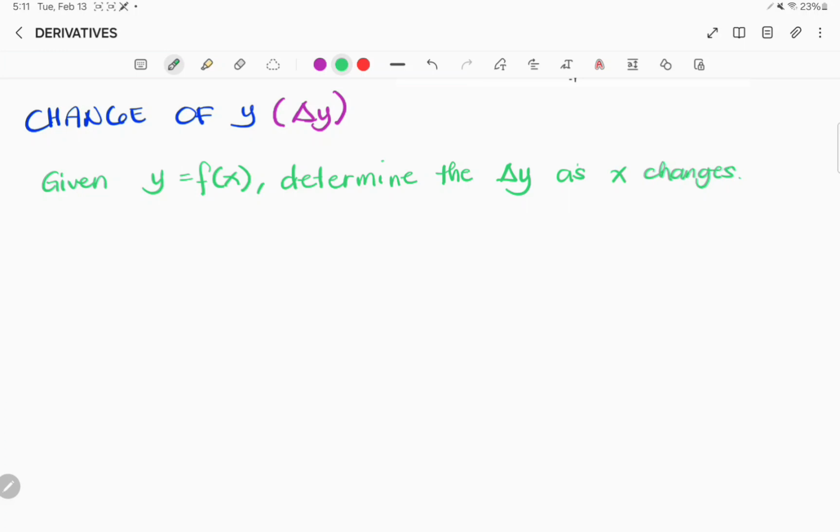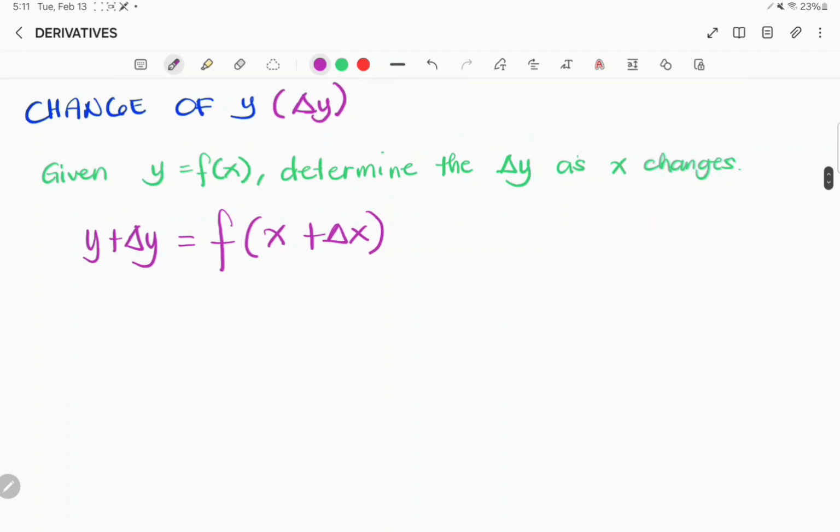Thus, we can say that f of x is changing to f of x plus change of x because we are adding a certain amount of increment of x. Now, as we change x from the first point to the second point, we also expect that y is changing by adding a certain amount of change of y.